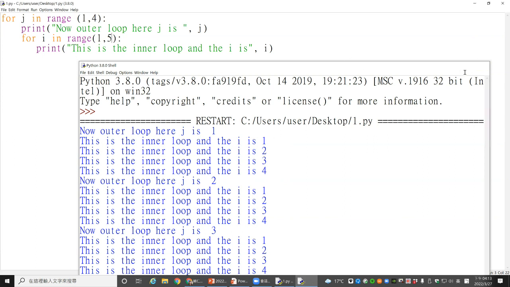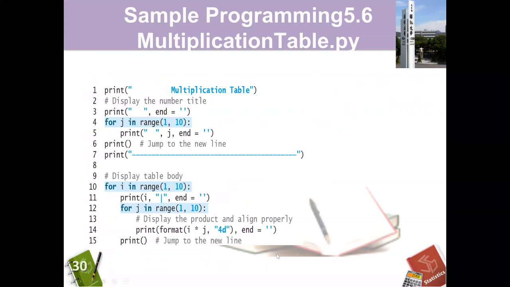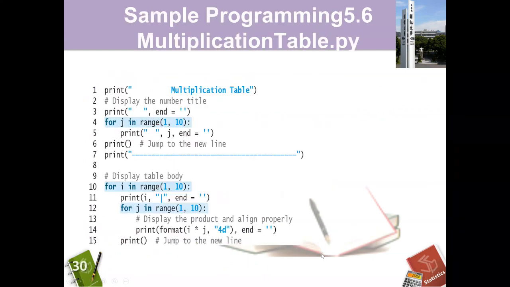So now we will go back to our textbook. Here, we will have a case study. It refers to your textbook, I think around page 145, right? Here we will handle a very, very popular example that programmers always use when handling nested loops.